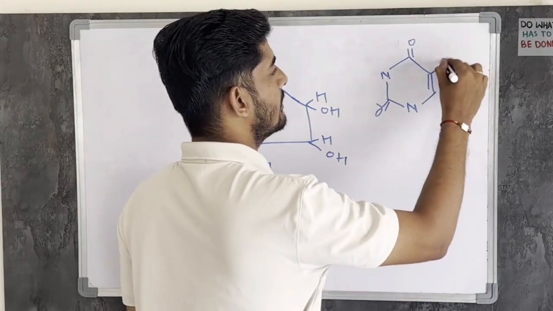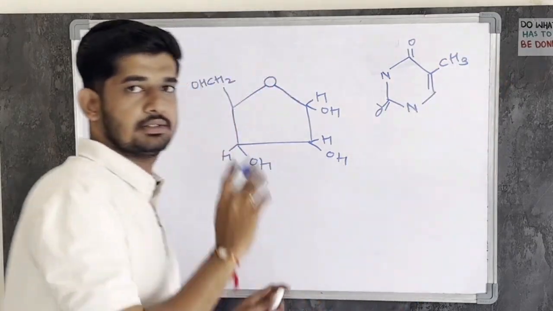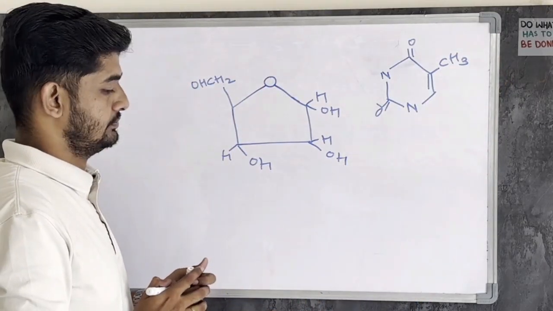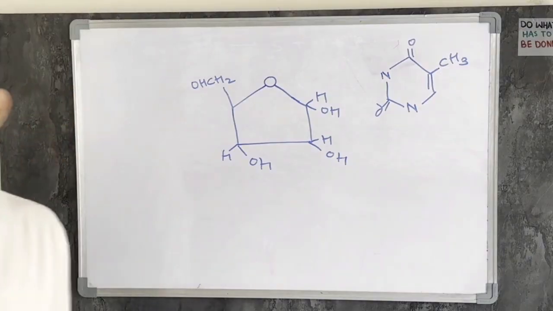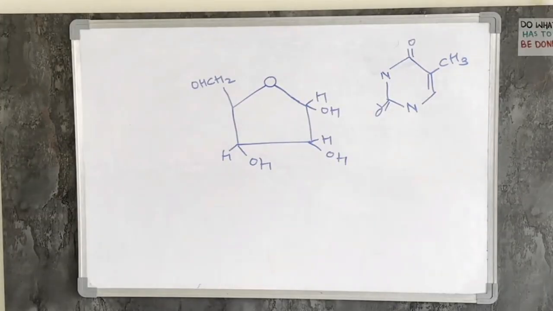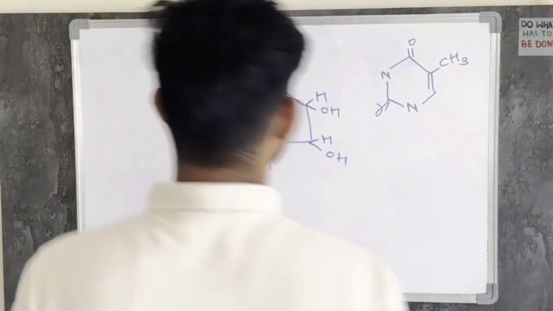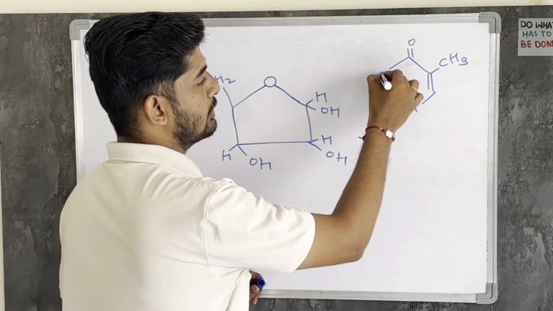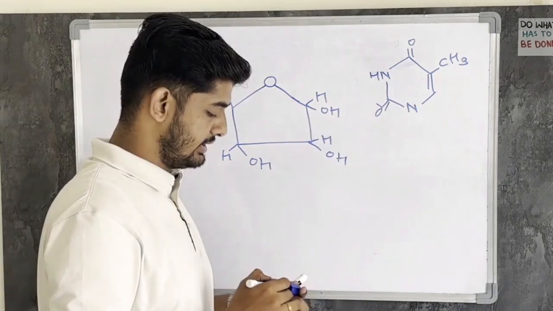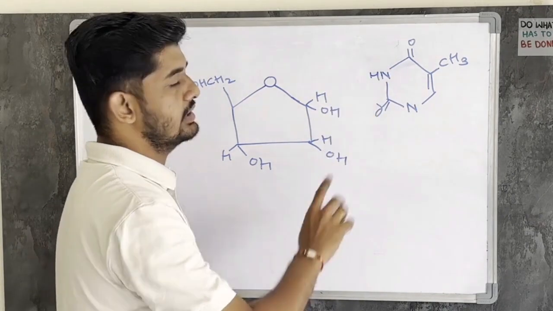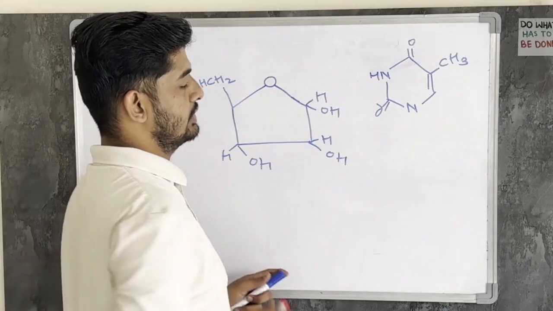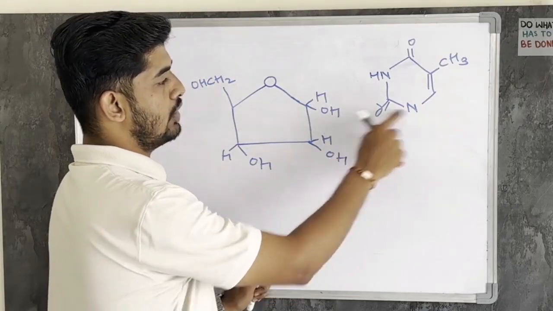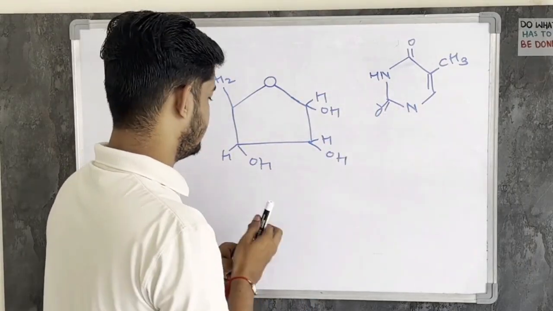So this is our thymine. This is our pentose sugar. Now here a hydrogen atom is present. There is no need to mention this hydrogen atom, but for now, for our understanding, we have to consider this hydrogen. So now, when the bond is formed between the sugar and the nitrogen base, let's name it.